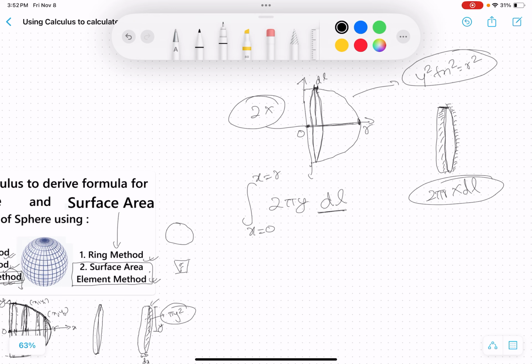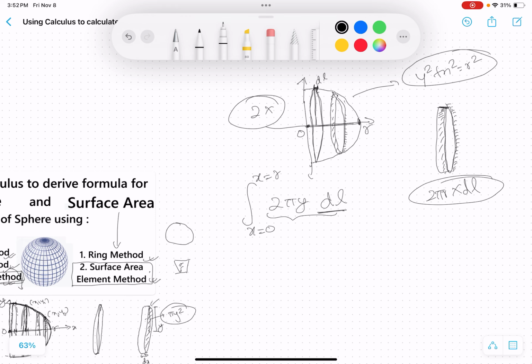Now this gives us the small surface area. We need to add all these surface areas, this 2 pi r times dl, all these outer surface areas, and add them up to give the entire surface area of the half sphere.